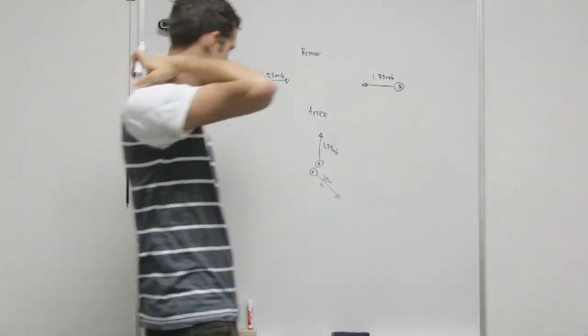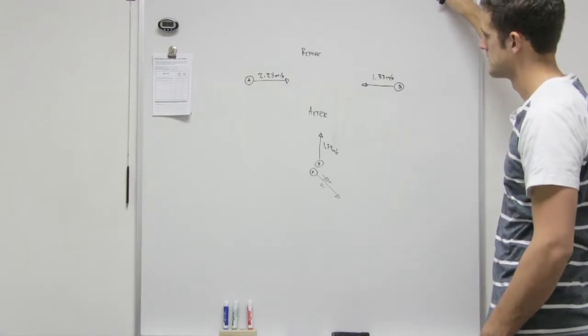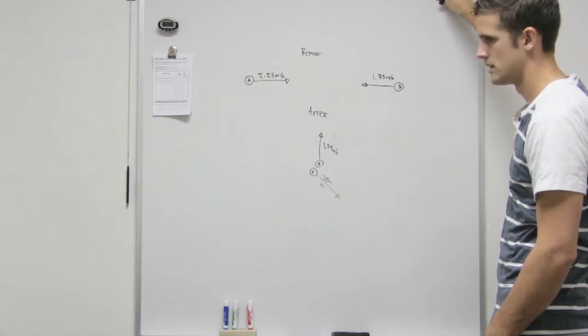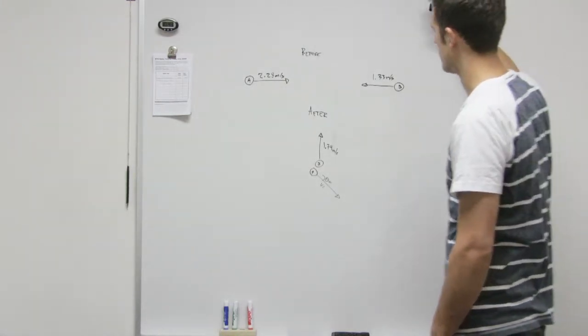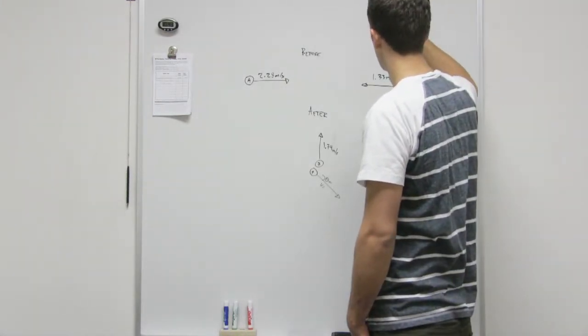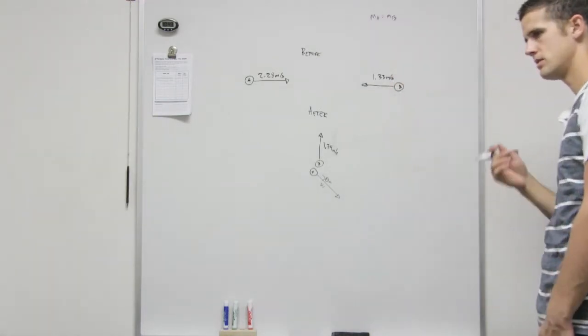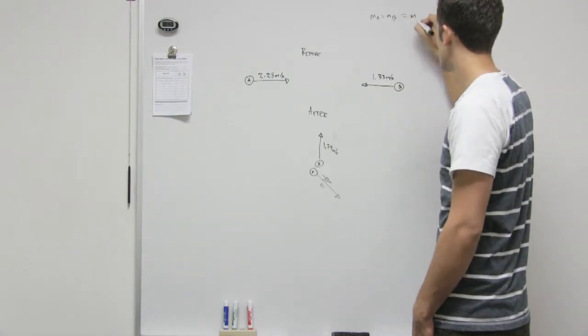Ball B is going faster than it was before. Ball A, well, I guess we don't know. Do we know the mass of the balls? No, we know they're identical, they're the same mass. So we'll just call it all m.